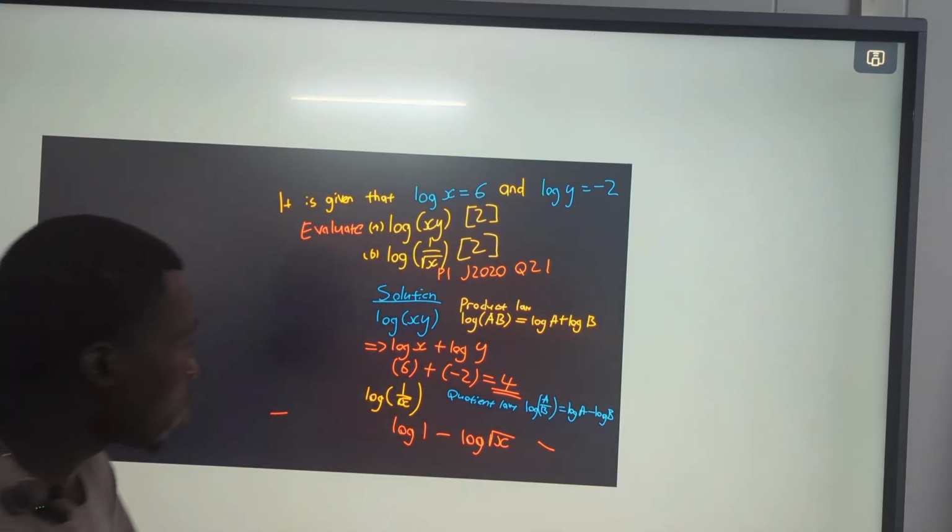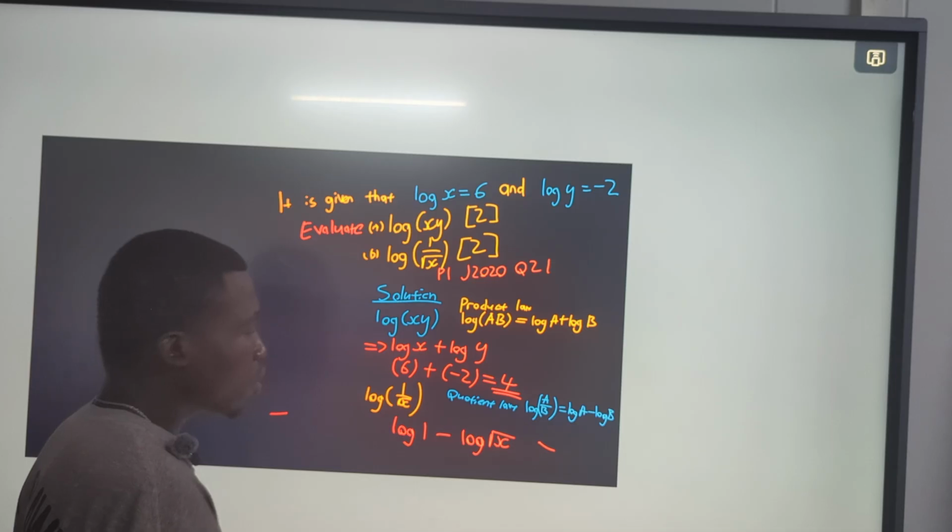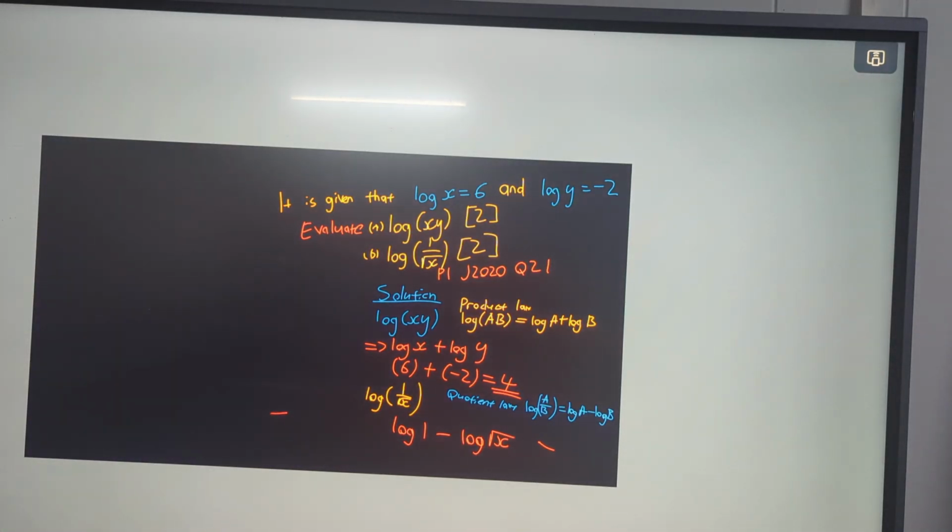So log 1 minus log of the square root of x. Now here we use one of our special laws about log 1.